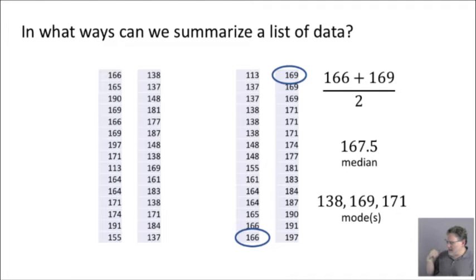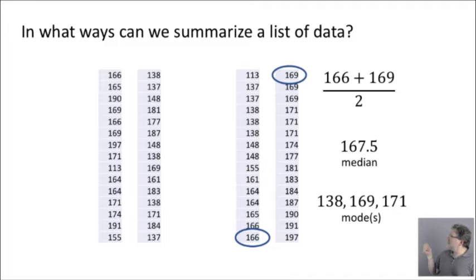Now, we don't actually have a middle number here because we have an even number of data points here. So what we have to do is take the two that are in the center here, in this case 166 and 169, and we have to add those two together and divide by 2. We're essentially finding the mean of those two that together form the center of the data.